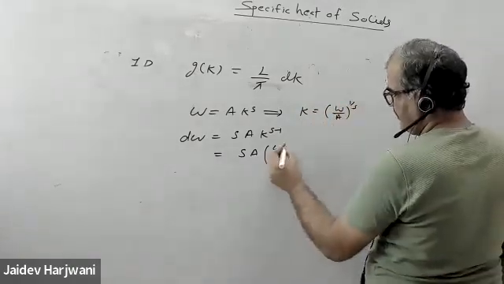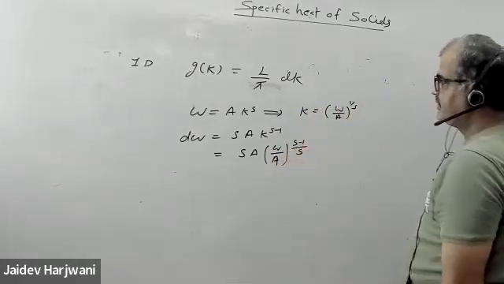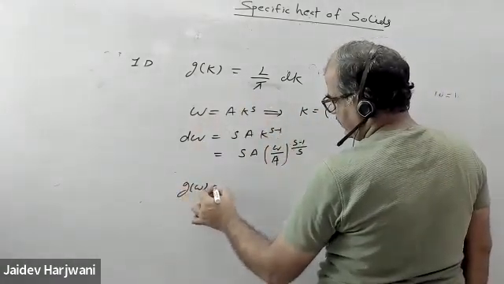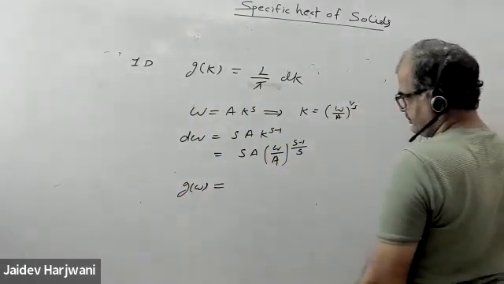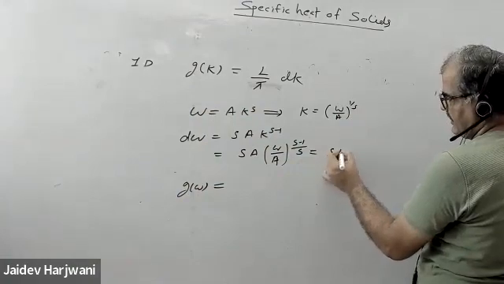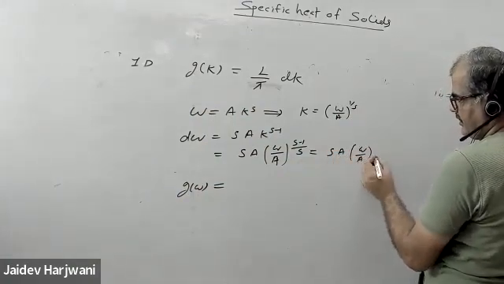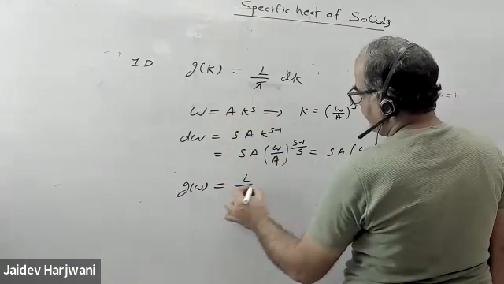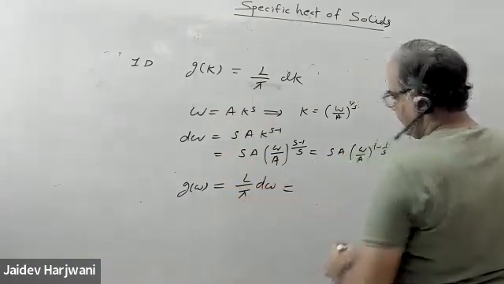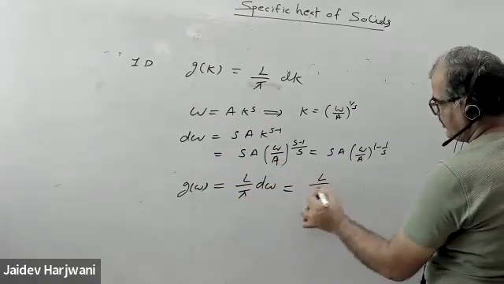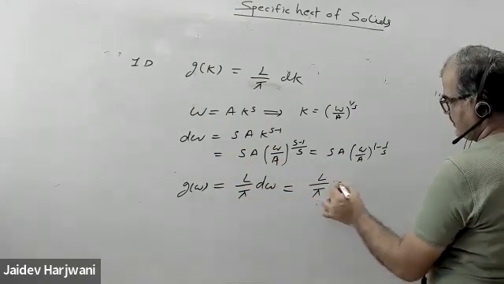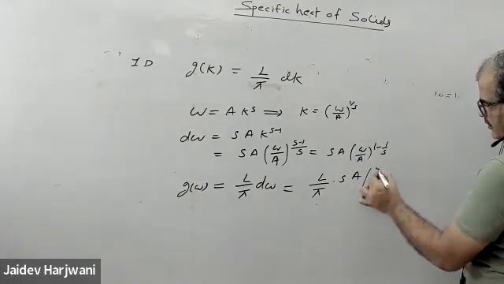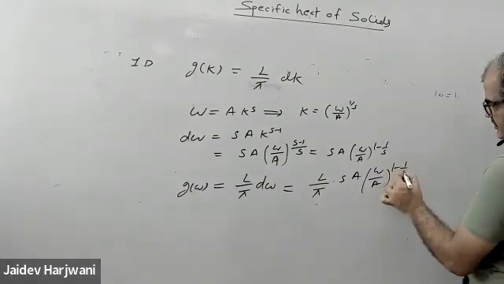This will give me the exponent (s-1)/s. So instead of g(k), if I want to write g(omega), it will be L upon pi dk, and putting the value, L upon pi, s a, (omega by a) to the power 1 minus 1 by s.